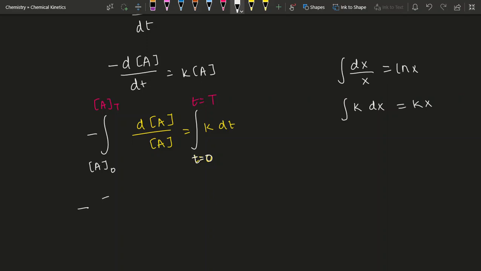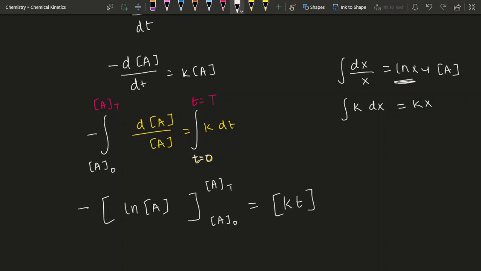So the negative sign, then in the brackets you have ln of x, but instead of x now you have the concentration of A. So natural log of the concentration of A between the limits A at t and A naught, A at time 0. And that is equal to kt between the limits capital T and 0.